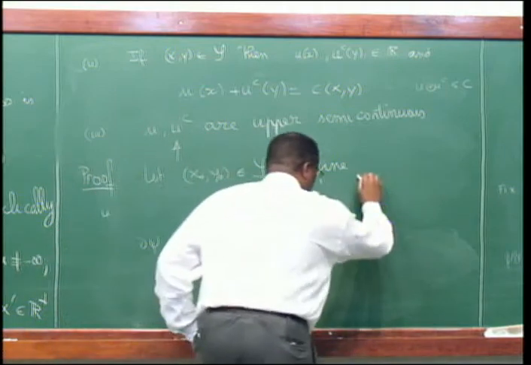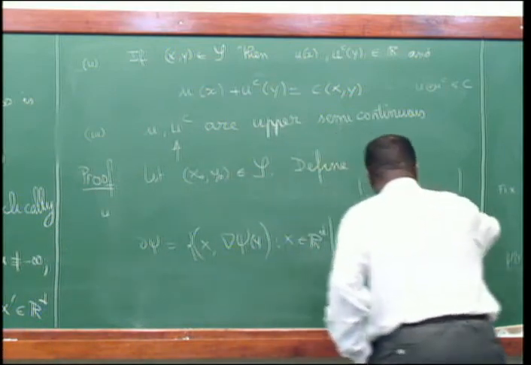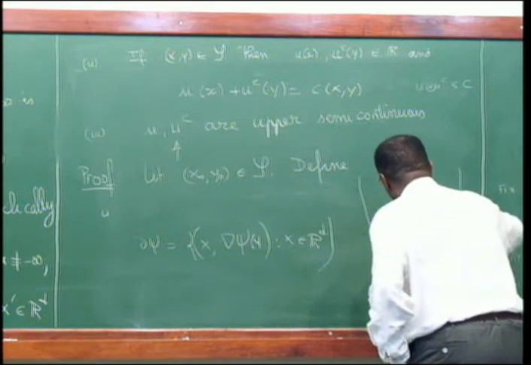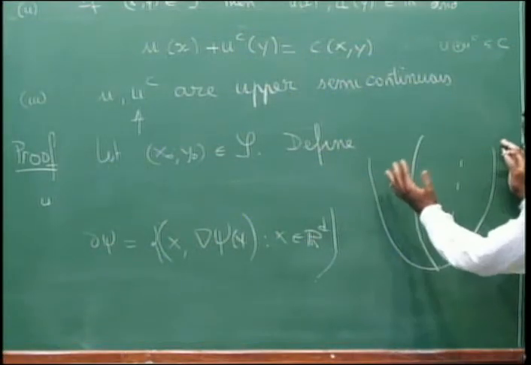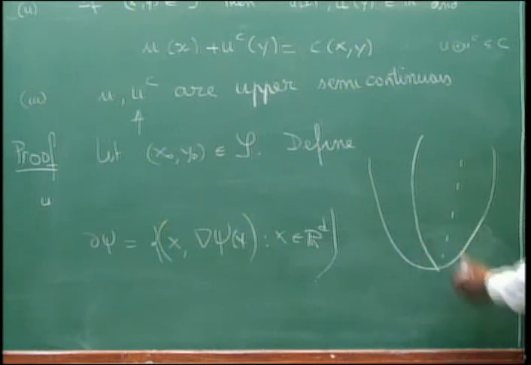So if I want to draw a picture, the set S will be the graph of my convex function.